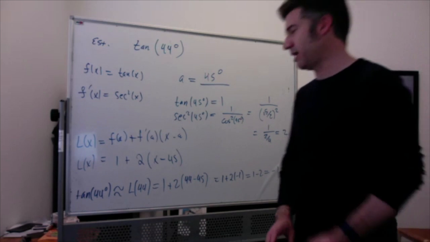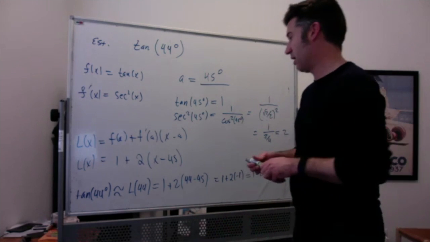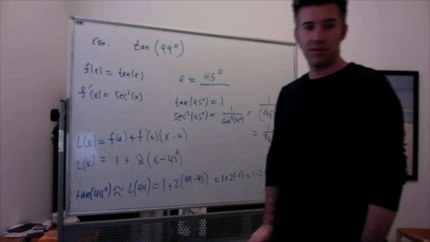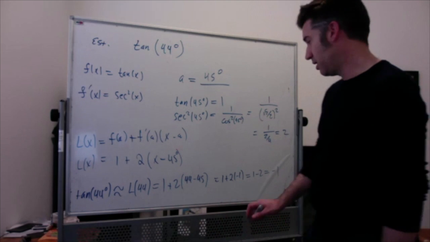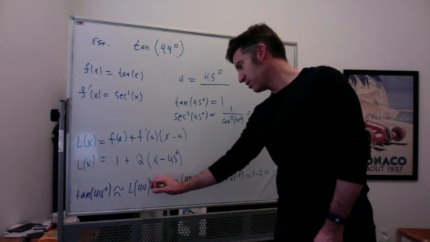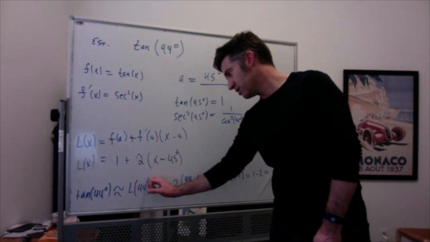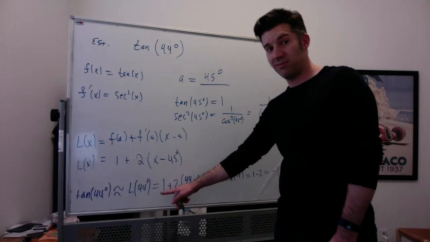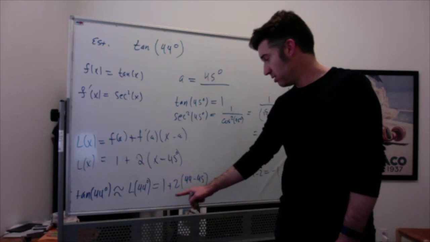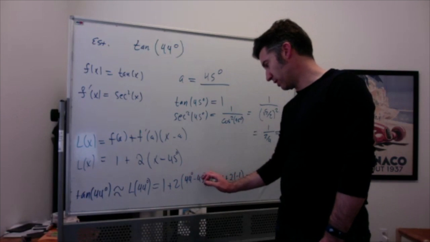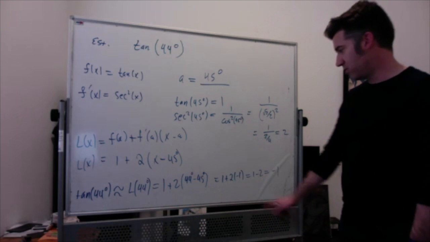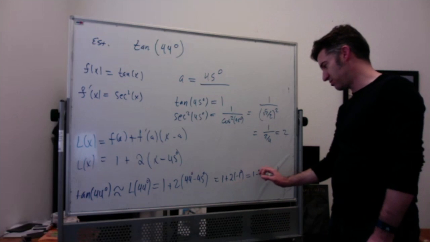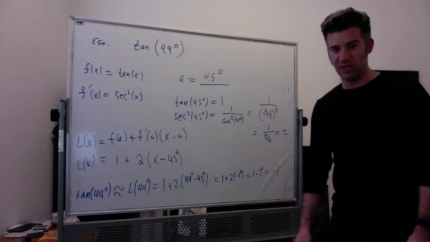I did make an on-purpose mistake here, and that's I didn't write the degrees up here, 45 degrees there. So when I do this subtraction, tangent of 44 degrees is the linearization at 44 degrees, which is 1 not in degrees plus 2 times 44 degrees minus 45 degrees, which is 1 plus 2 times negative 1 degree, which is 1 minus 2 degrees.